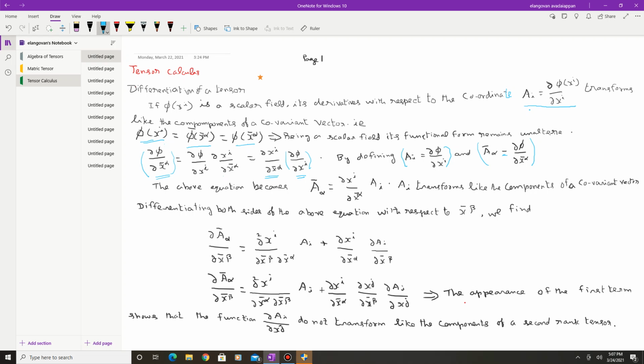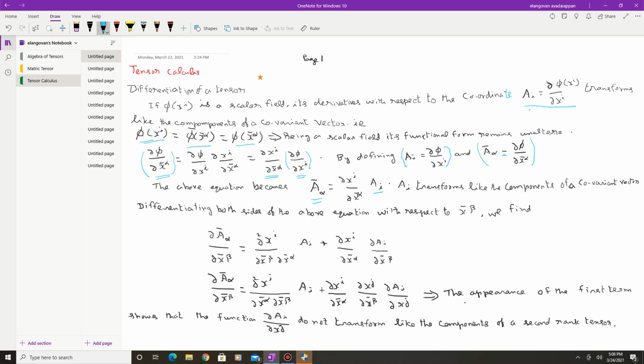So this transformation relation tells you that ai and a alpha bar are the components of a covariant tensor. If that coefficient obeys this type of transformation, this is a covariant vector.